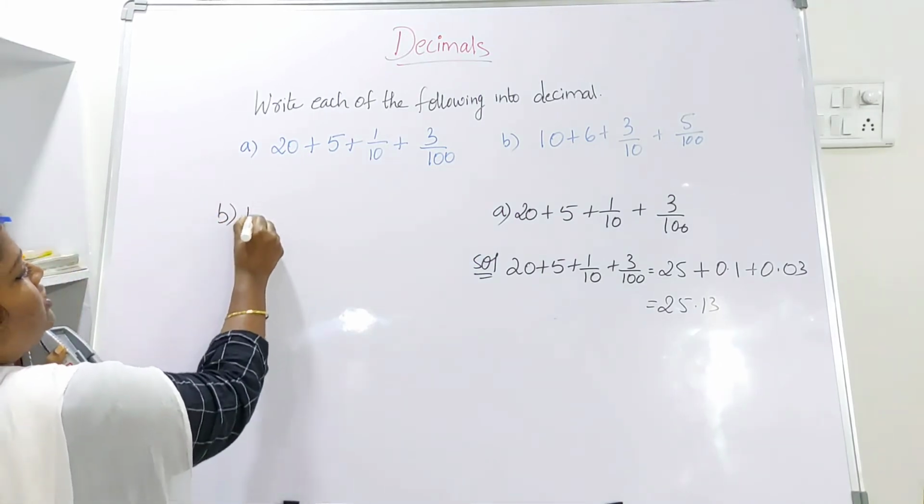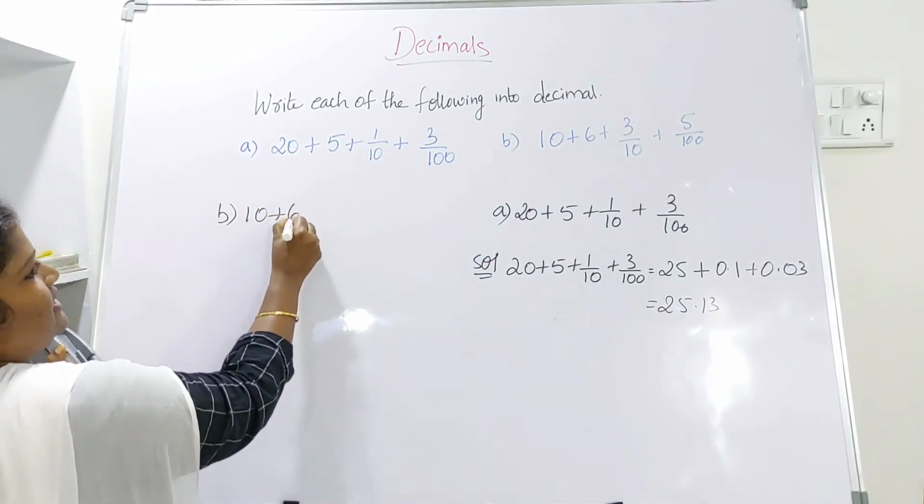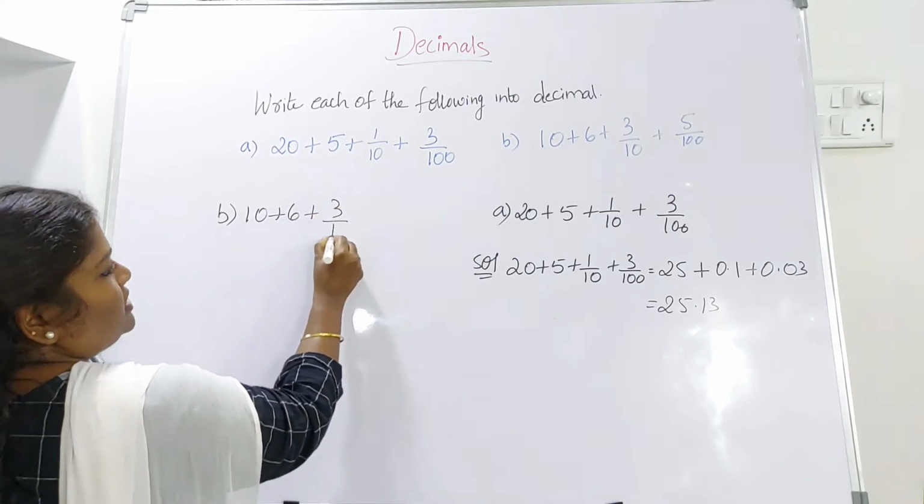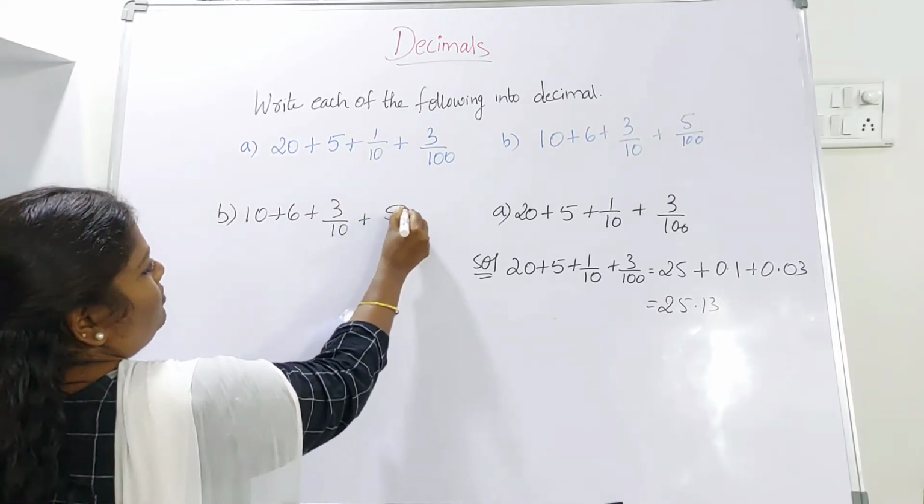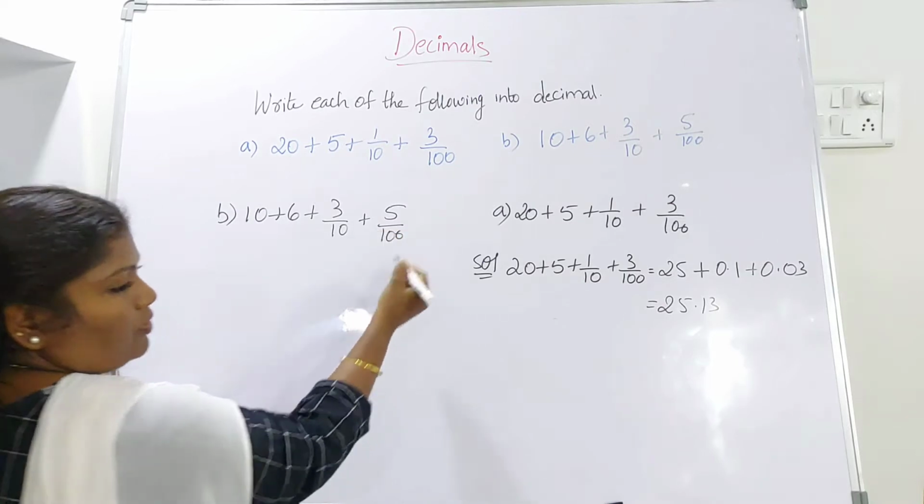So B, it is 10 plus 6 plus 3 by 10 plus 5 by 100. The same process.